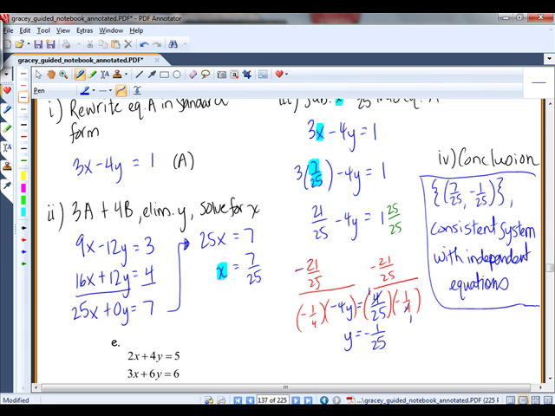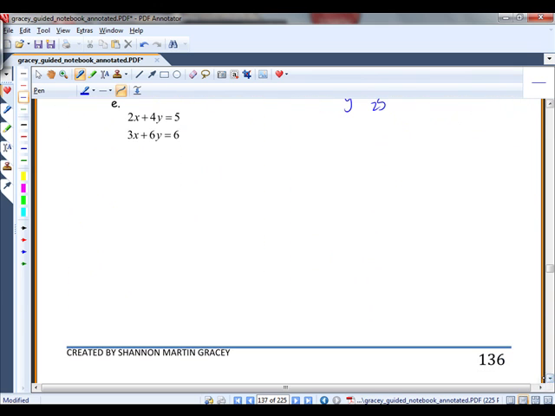All right, so our last one here, part E. So again, equation A and equation B. Let's eliminate the x's this time, just for the heck of it. If I multiply equation A times -3 and equation B times 2, I'll be able to eliminate the x's and solve for y.